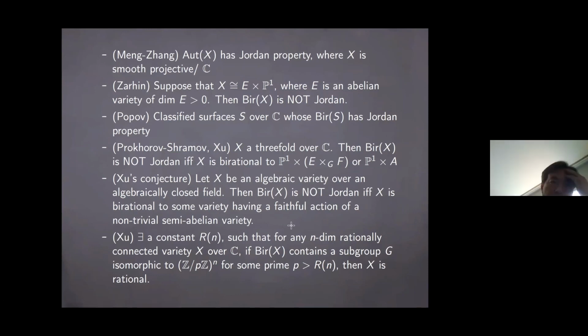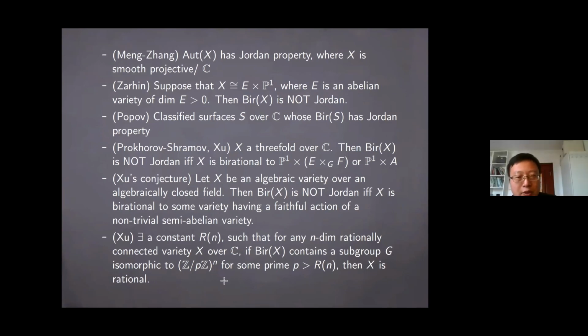So this is another property, of the birational group or automorphism group, that we can use to study the geometry of the variety. For example, Jinsong Xu proved there exists a constant R_n such that for any n-dimensional rationally connected variety X over C, if Bir(X) contains a subgroup G isomorphic to Z/p, with p greater than R_n, then X is rational.